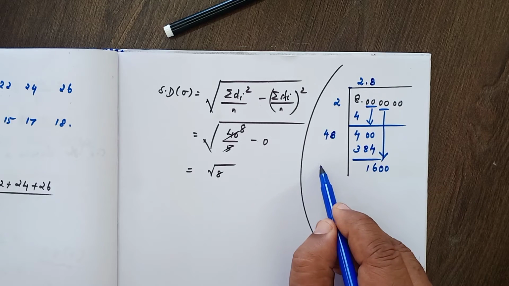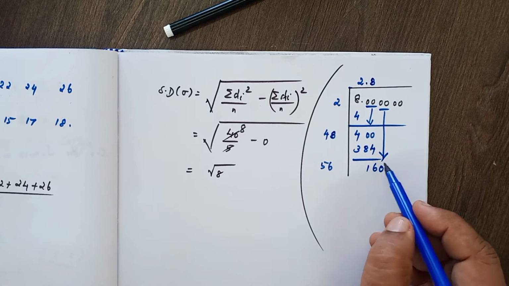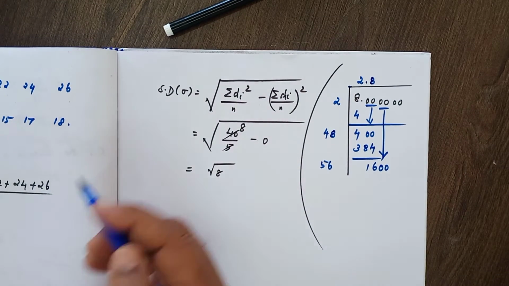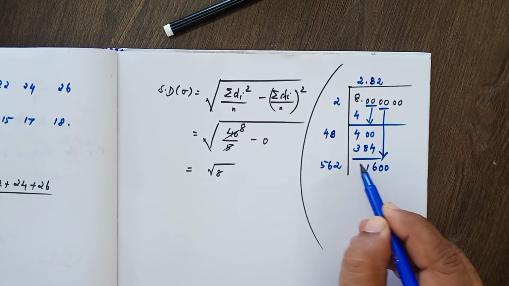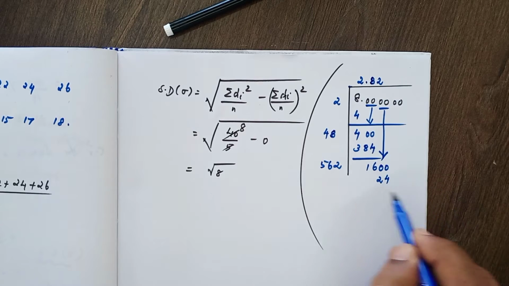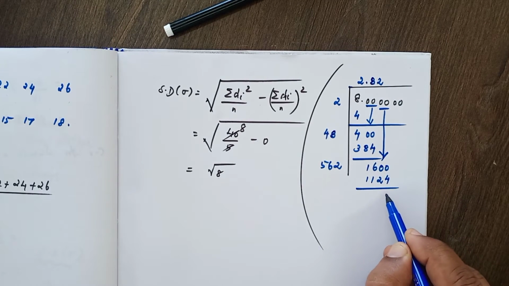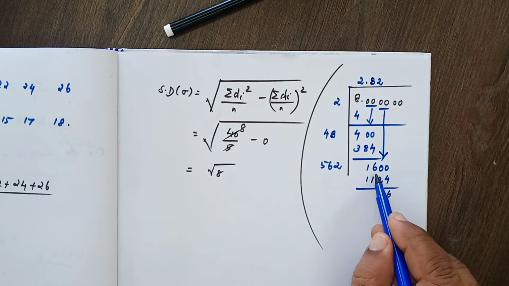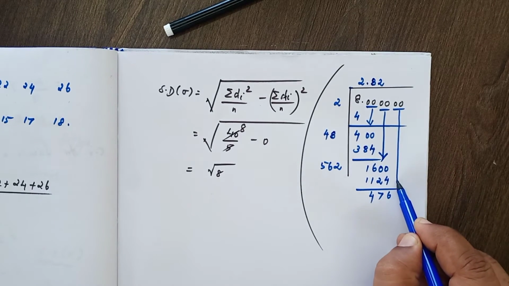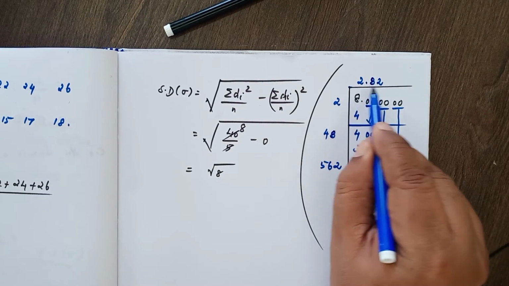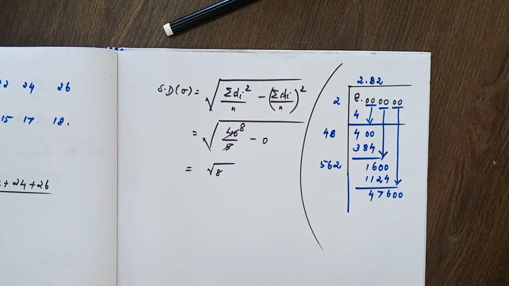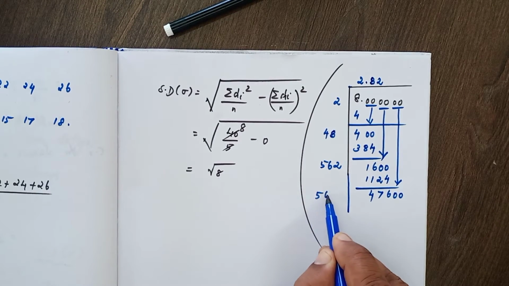Multiply 28 by 2, that is equal to 56. How many times can we go? Only 2 times. 2 2s are 4, 2 6s are 12, balance 1, 2 5s are 10 plus 1 is 11. Subtract: 10 minus 4 is 6, 9 minus 2 equals 7, 5 minus 1 equals 4, 1 minus 1 is 0. Then 2 more zeros. 282 should be multiplied by 2, that gives 564.